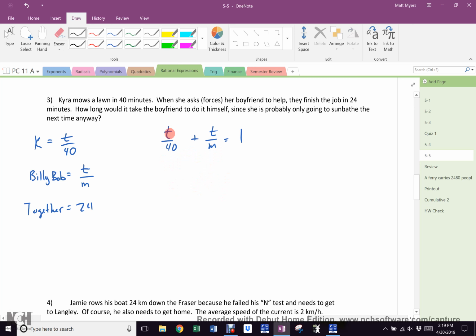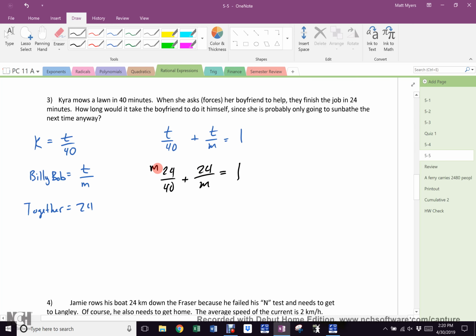What should this be? No, because we know the T. What should this be? What should this be? Right? Equals how many lawns? 1. What's my common denominator? 40M, right?